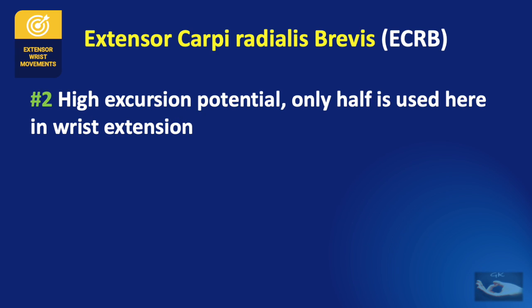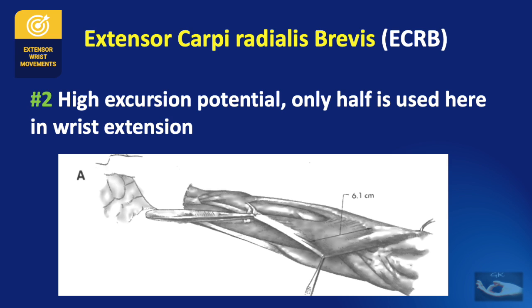Not only does the ECRB have a higher power, the second point is that it has a higher excursion potential, and only half of this excursion is used for wrist extension. We can understand this better by looking at the anatomy of the muscle fibers of ECRB. The length of the muscle fibers is around 6.1 centimeters, and we know that the potential excursion of any muscle is equal to the length of the fibers.